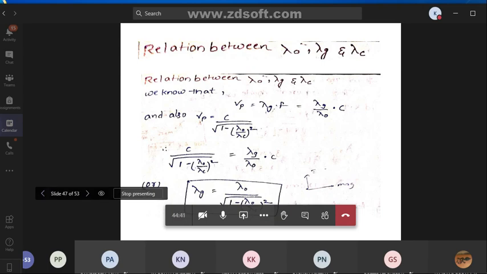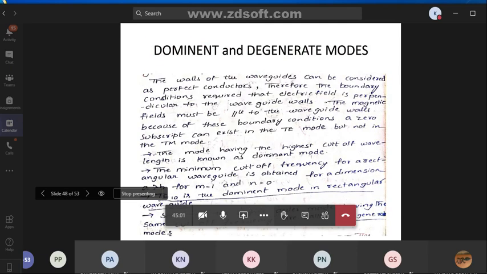Now we see the relation between lambda naught, lambda g and lambda c. From the previous equations, you know that phase velocity equals lambda g into f, right?